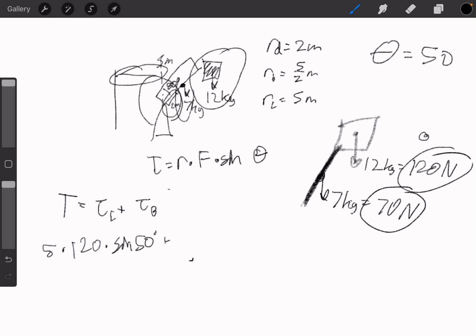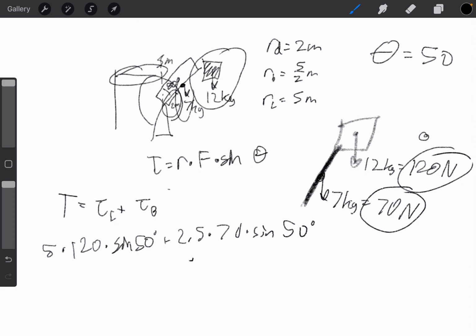And now that's going to be added to the radius of the other beam, which is 2.5 times the force pulling it down, which is 70, times sine of 50. And I'm going to have to put this in my calculator. Oh, I'm in radians mode.